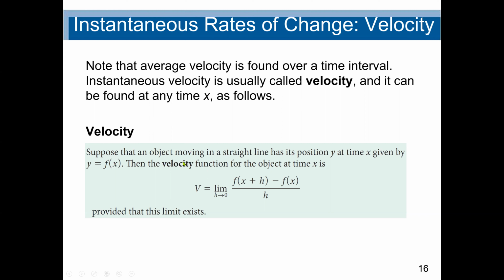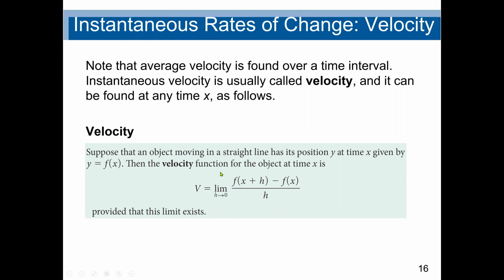So suppose that an object is moving in a straight line and it has a position y at a time s given by y equal to f at s. Then the velocity function will be this: the limit as h approaches 0 of f at s plus h minus f at s over h, provided that the limit exists.